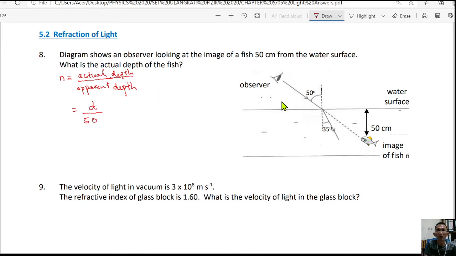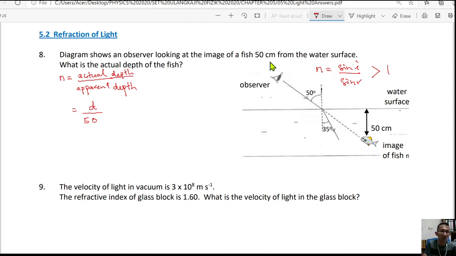But at the same time you are also given the angle of incidence and angle of refraction. So I also know that n is equal to sin i over sin r, and this value must be greater than 1.